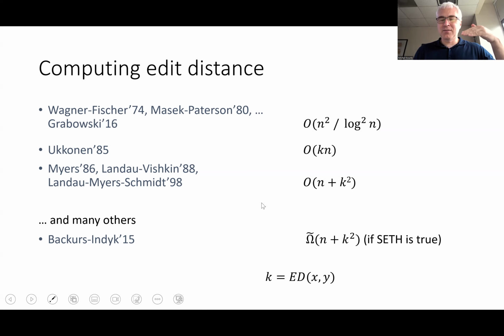So I distinguish between the large case and the small case, and in the small case, I want to know the exact answer. And these kn and n plus k squared algorithms can be made into such parameterized algorithms. If you give me the parameter k, I have an algorithm which runs in time, say, n plus k squared, and it tells me if the distance is above the threshold or below, and if it's below, it gives me the answer. So that's computing at a distance.